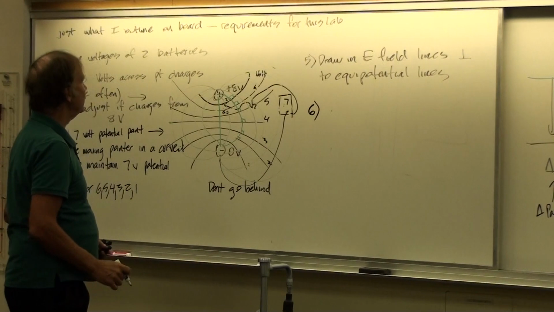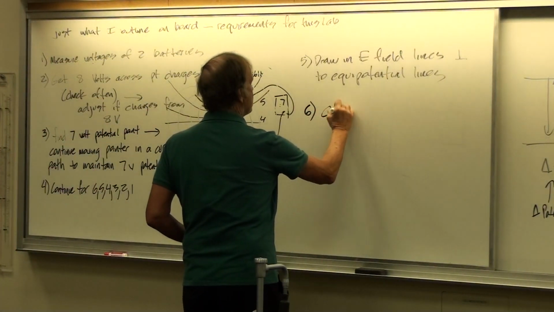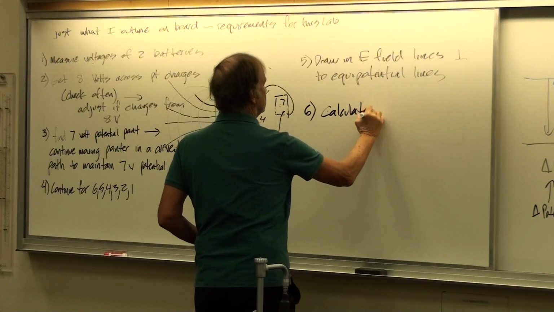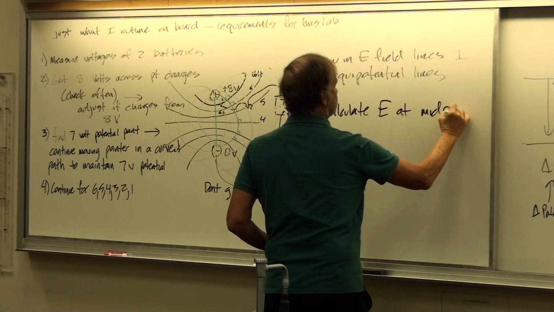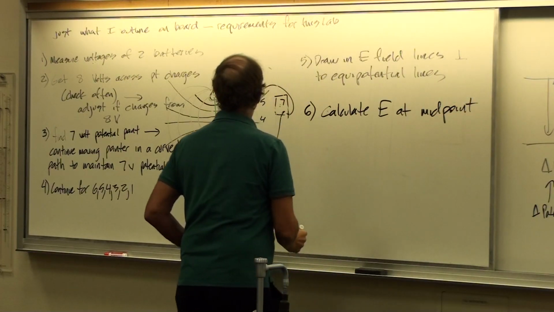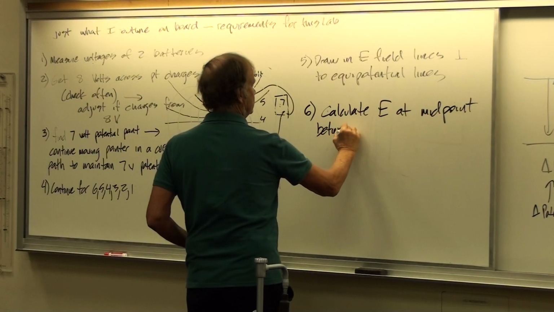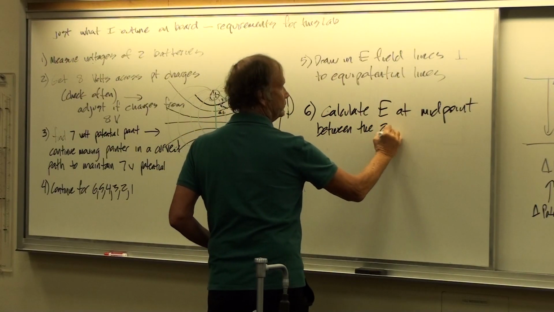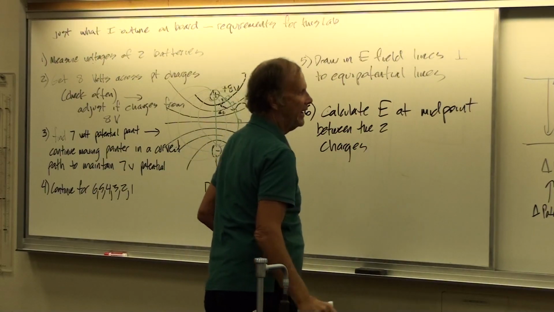All right, so we'll draw those in, and then in step 6, what I'd like you to do is calculate the electric field at the midpoint between the two charges. So how do we do that?